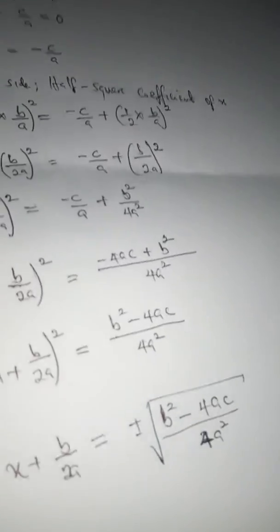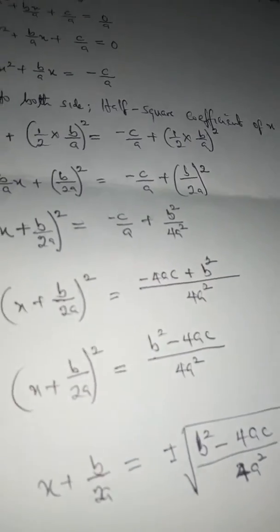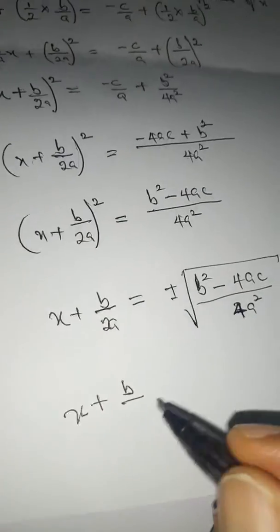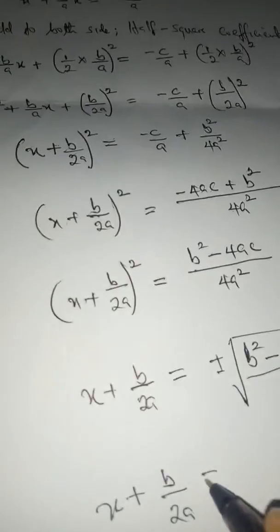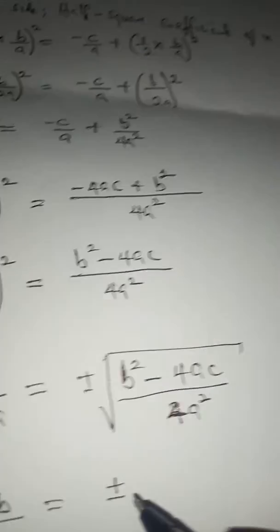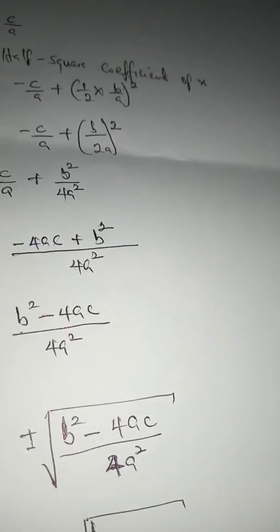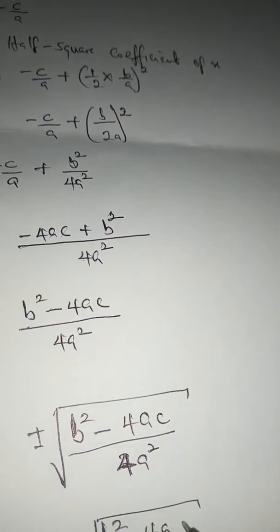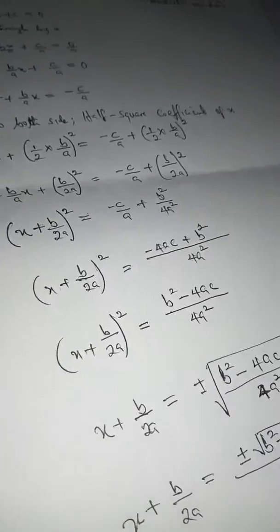Yes. So this is x plus b over 2a equals plus or minus the square root of b squared minus 4ac over 2a.